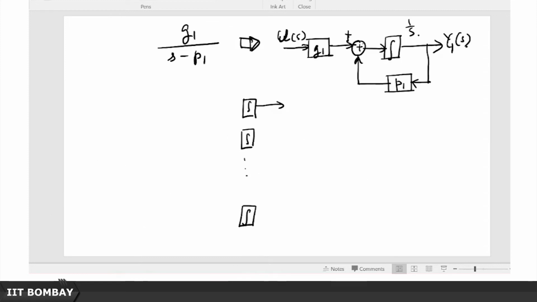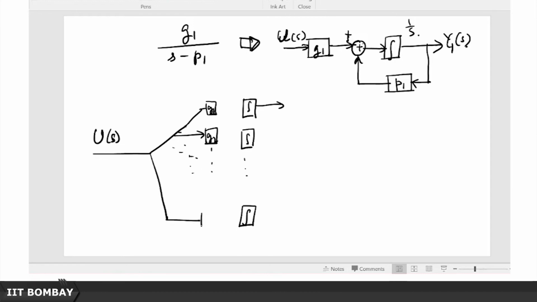So then why not use the same idea? I have this single channel of input because it's a SISO system. Let this single input pass through G1 here, G2 here, and so on, and finally the last one pass through Gn, and then let there be a summer depicted by a cross or a sum, whatever you like.